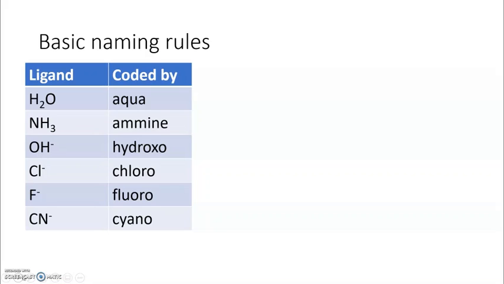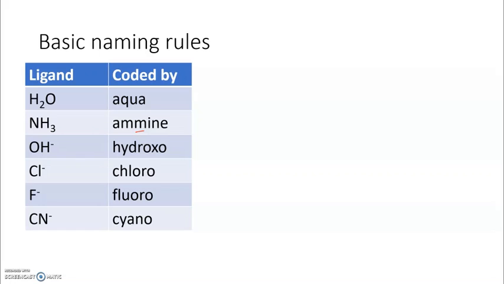So for example, H2O on its own is of course referred to as water, but when it's within a complex, we indicate it by the prefix of aqua. NH3 on its own is ammonia, but when we're naming it within a complex, it's ammine. And note here, it is a double M, which distinguishes it from amines, the organic compounds, which can actually also act as ligands. So be careful on that one.